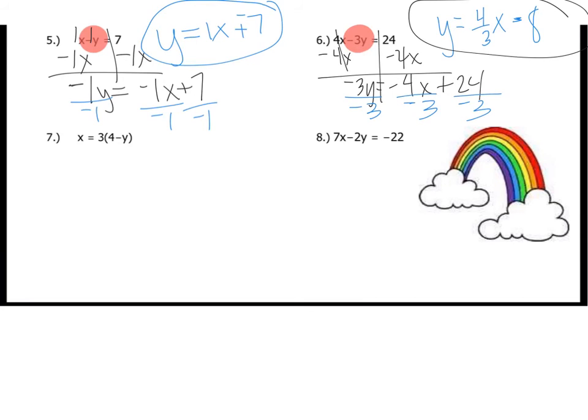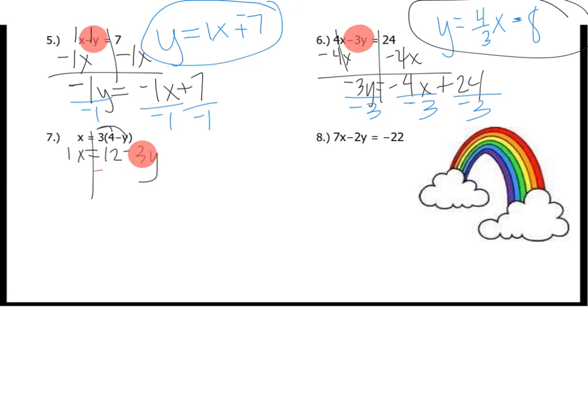Number 7, in order to get that y alone, I first need to do the distributive property. So 1x equals 3 times 4 is 12. 3 times negative y is negative 3y. So you'll notice that the y is on the right-hand side, and that's okay. We can leave it on the right-hand side.